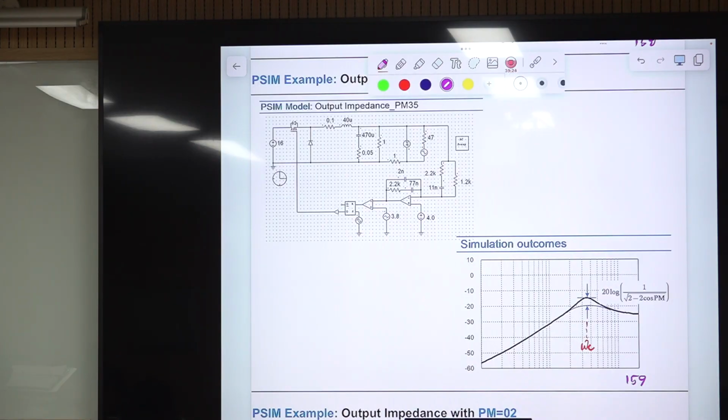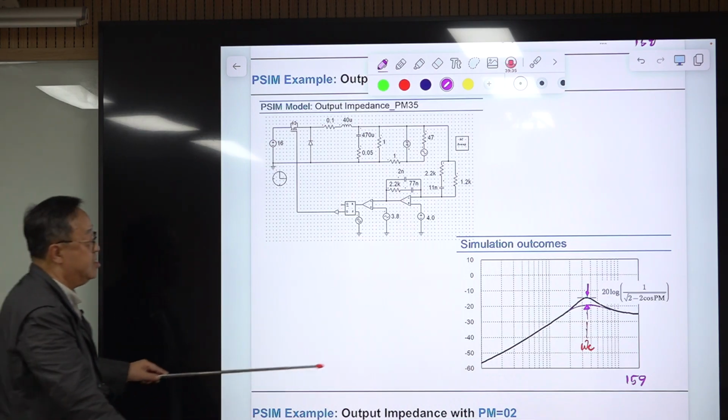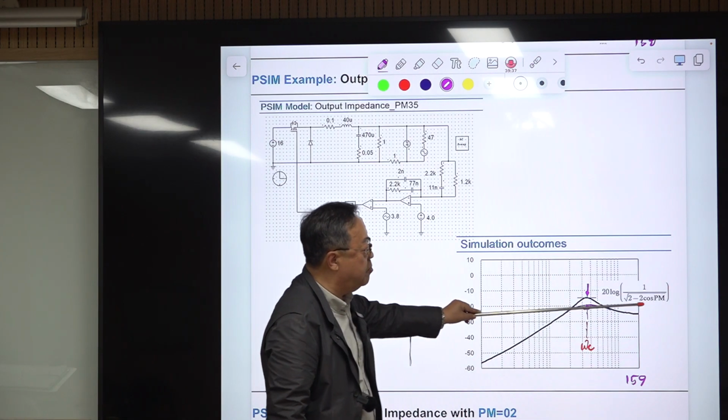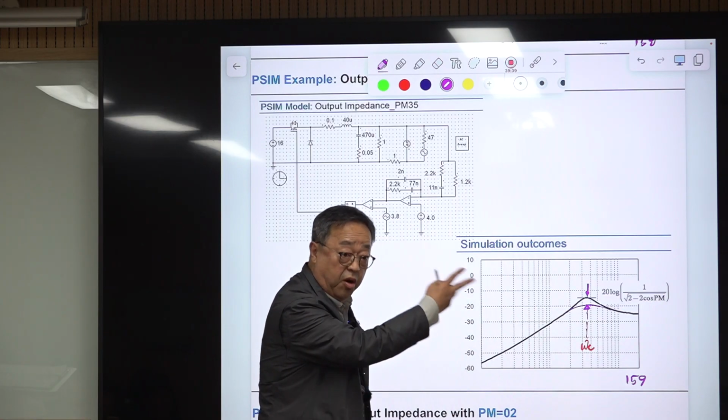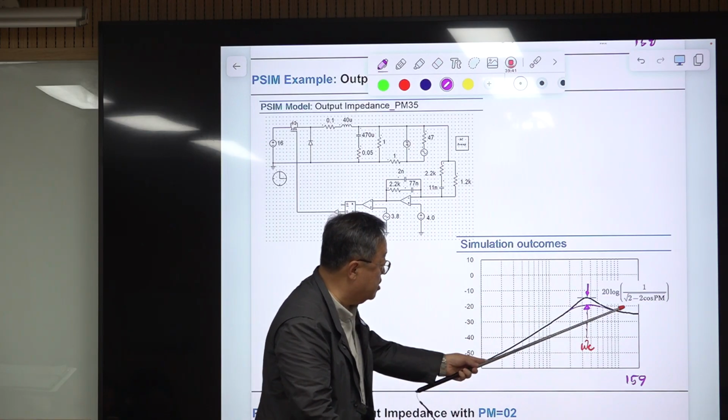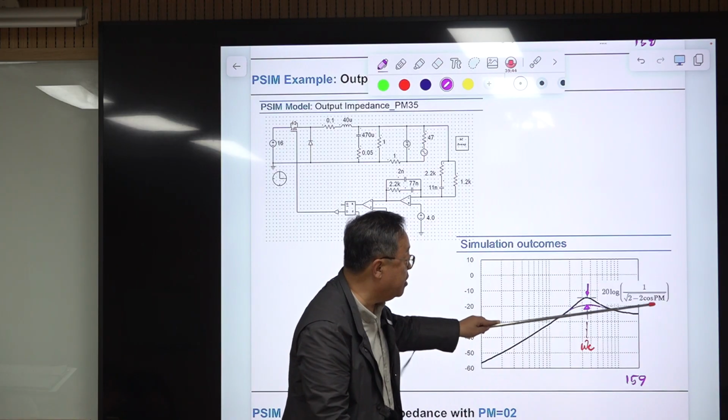The previous output impedance has some peaking, all right? So peaking occurs at this omega C frequency, and the value of the peaking is related with the phase margin of the converter loop gain. This is the exact equation, right?